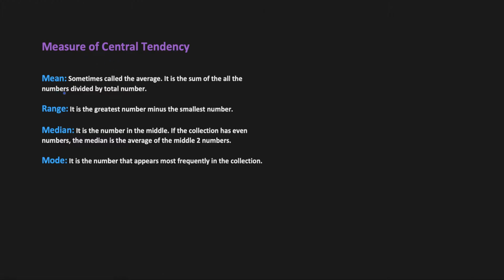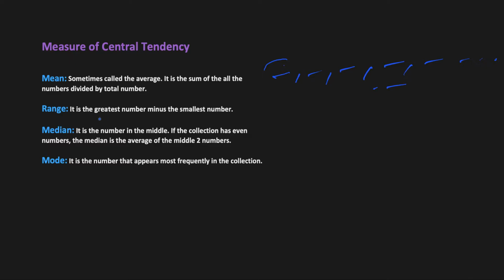So before we jump into examples, let me give a definition of each of these measures. First is mean, which is sometimes also called average, and it is nothing but the sum of all the numbers divided by the total numbers. So if for a given data set we have 10 numbers, the mean would be the sum of all those 10 numbers divided by 10.